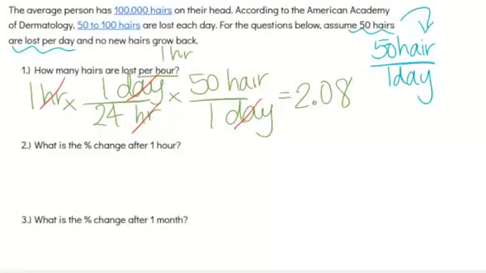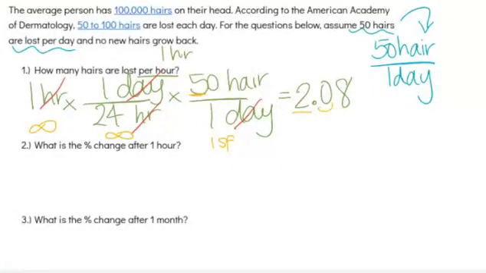With significant figures, per hour doesn't have any sig figs, so I'm going to go with an infinite number of sig figs here. The 24 hours in a day is also an infinite number of sig figs. But this one has 1 sig fig, because of the number 5. So we always want to keep the least number of sig figs.